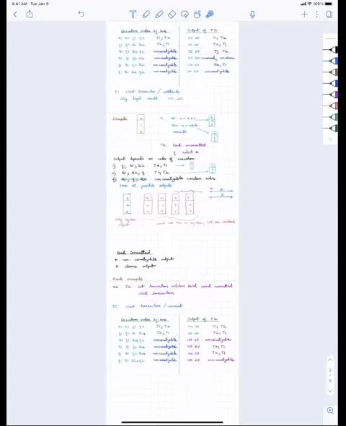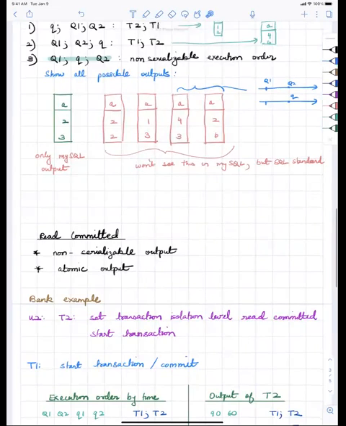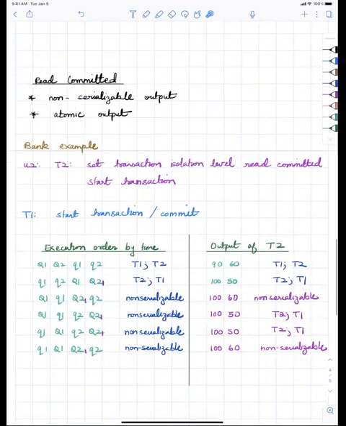That's because in read uncommitted, it read whatever was uncommitted. But here it only reads what's in the committed database, and at the time Q1 was done, it had not been committed. So there is a difference between read uncommitted and read committed. In read committed, you're always reading whatever is a committed value.